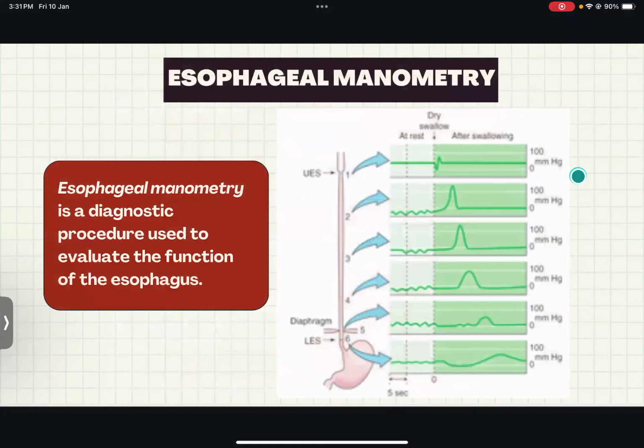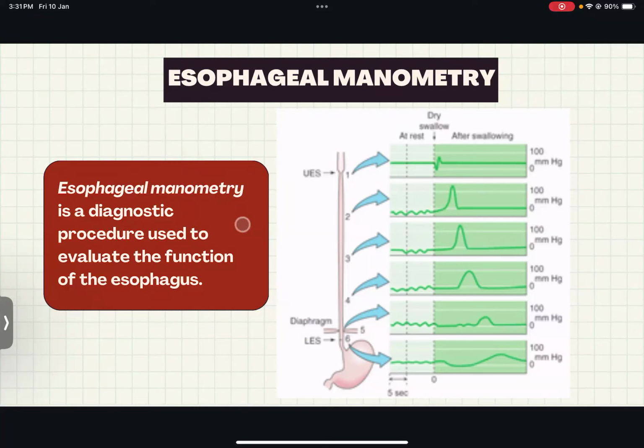And so, esophageal manometry. This is a diagnostic procedure. It's really important when it comes to esophagus function and diagnosing esophageal diseases. Just a quick definition: it is a diagnostic procedure that is used to evaluate the function of the esophagus.